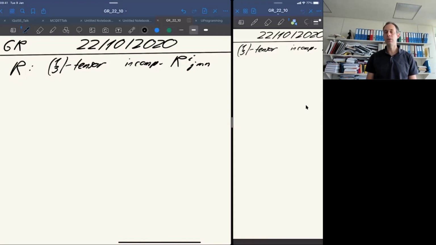Take a vector oriented into the j direction, that's the second index, the first lower one. Move it in a loop defined by coordinate lines m and n. So you go along m by a certain amount, along n by a certain amount, back in minus m and back in minus n direction. And then you ask yourself, how much does the resulting vector differ from the original vector you started with in the i-th component? You see, you need all these indices to express that, and that's what this tensor says.